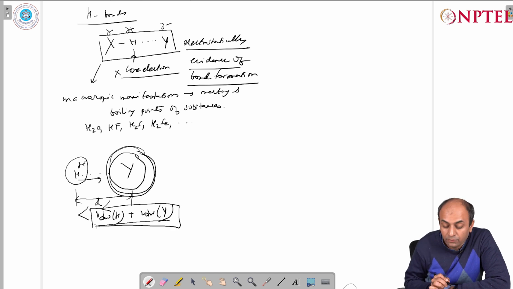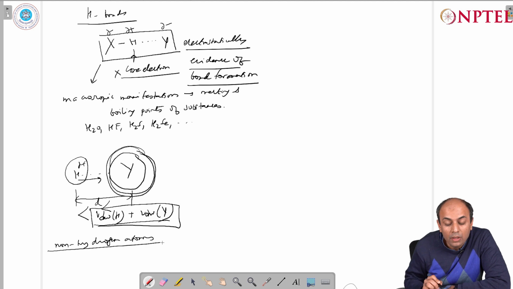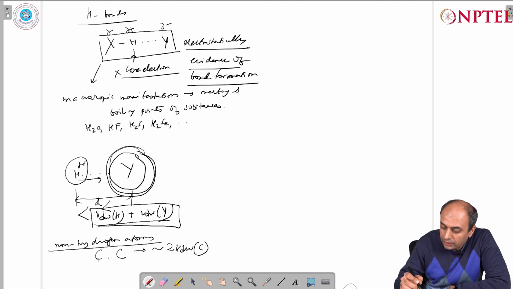In most of the cases, we will see that when you have non-hydrogen atoms, for example, if you were to take carbon interacting with another carbon atom, the separation is almost close to twice the van der Waals radius of carbon. We looked at it in case of fluorine also, that it is approximately twice the van der Waals radius of the fluorine atom.